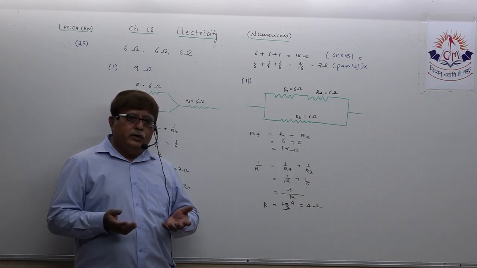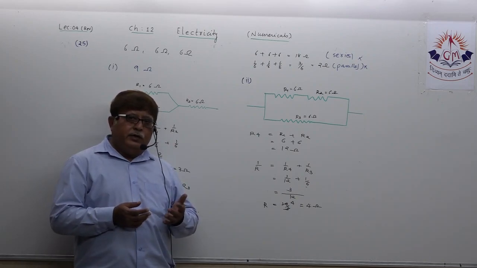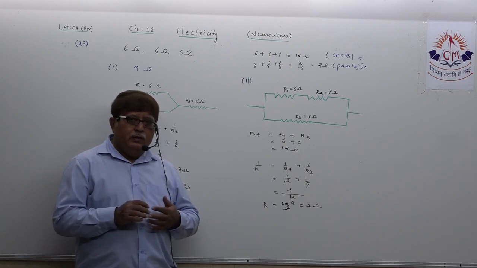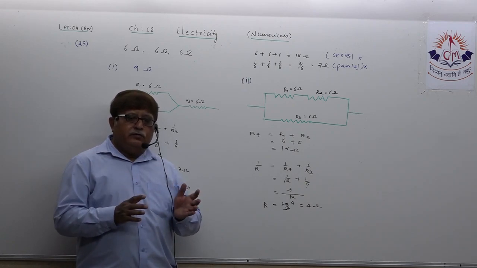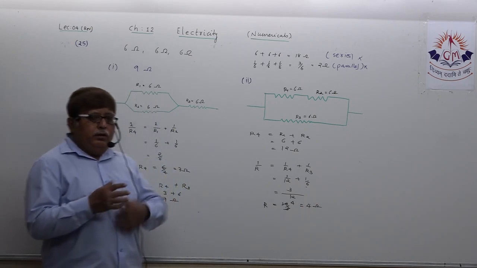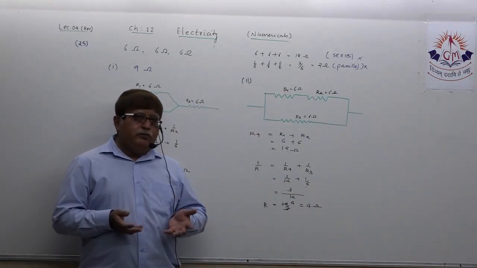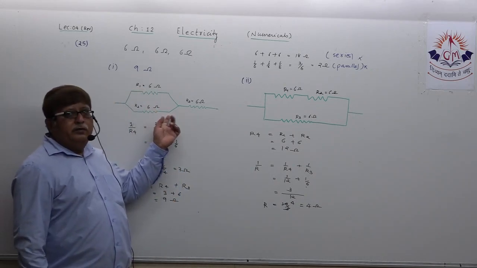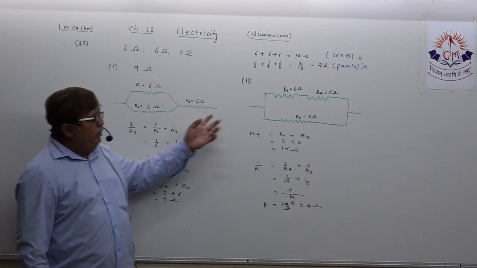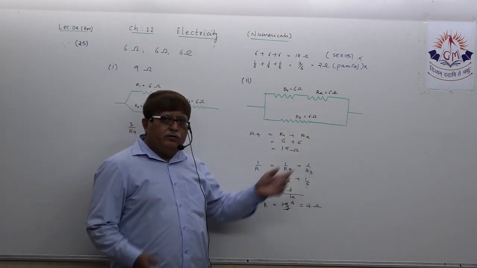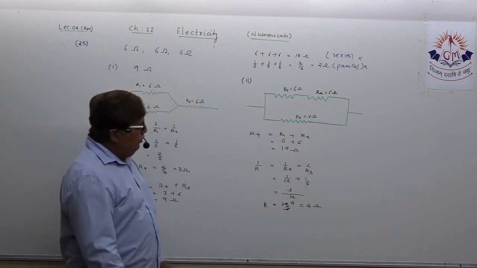When you don't get the demanded answer by connecting the resistors in series and parallel, the only option left is to think of some other combination, like 2 in parallel then in series with the third, or 2 in series then in parallel with the third. This way you can get your answer.